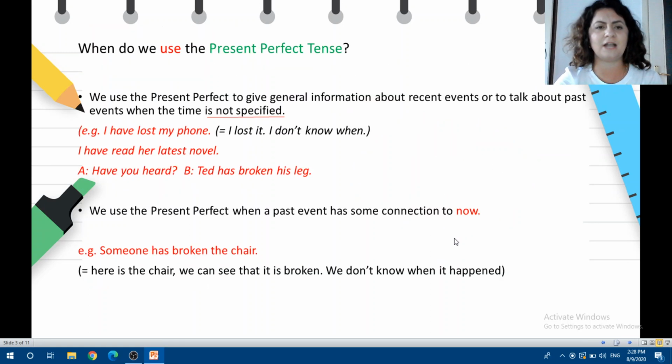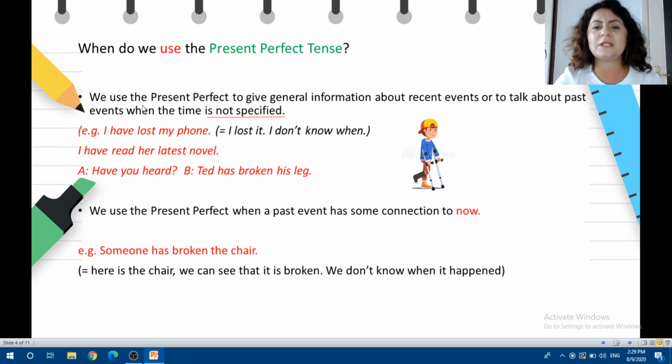Okay, well done. Do you know when we use the present perfect tense? Let's look at this picture first. This is Ted. Have you heard? Ted has broken his leg. We can see that his leg is broken now, but we don't know when it happened.